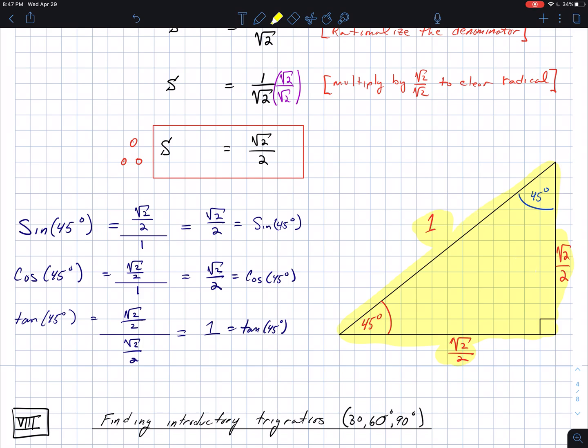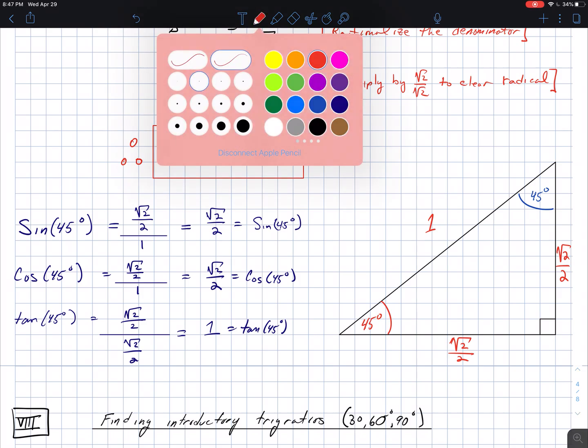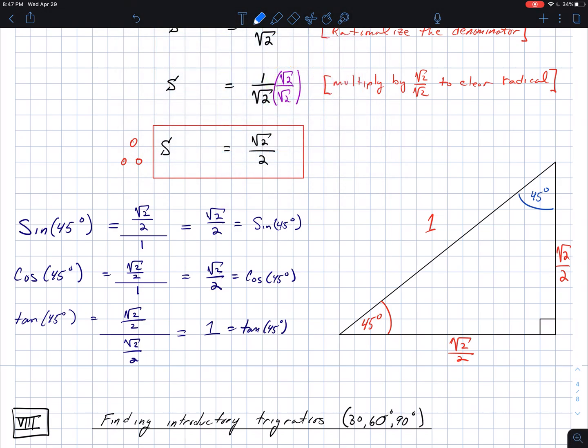So, with everything we just learned, we can now figure out the sine of 45. The sine of 45 degrees is what? Well, the sine is the opposite over the what? Hypotenuse. So, I look at one of the 45s. I'll pick this one.